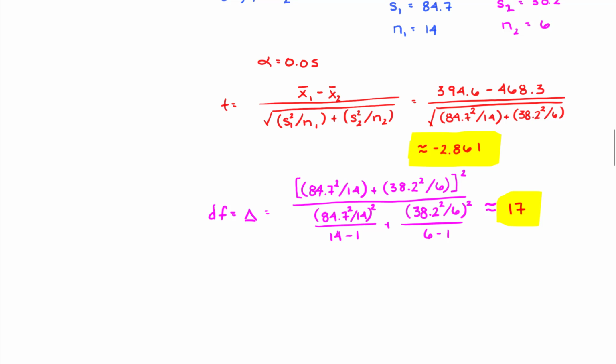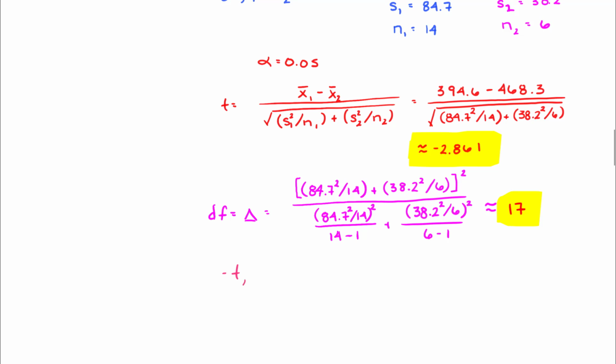For the critical value approach, we have our degrees of freedom and we have our value of the t statistic. So we go down on the t table to degrees of freedom being 17. And what we need to find is negative t sub alpha, because this is a left-tailed test.